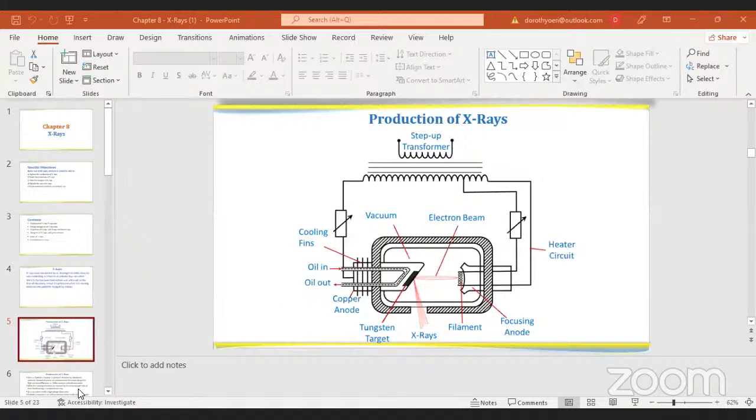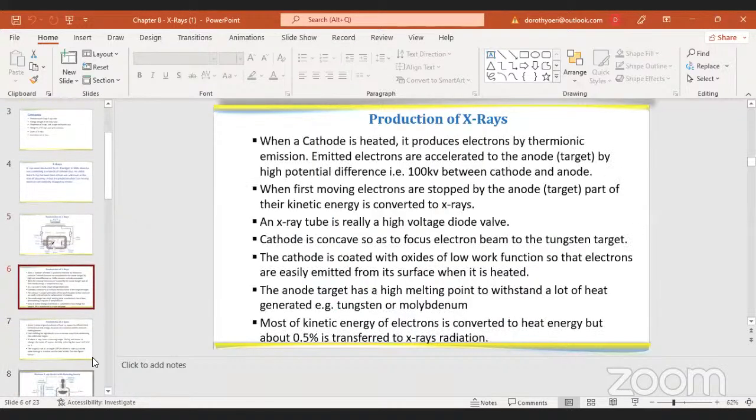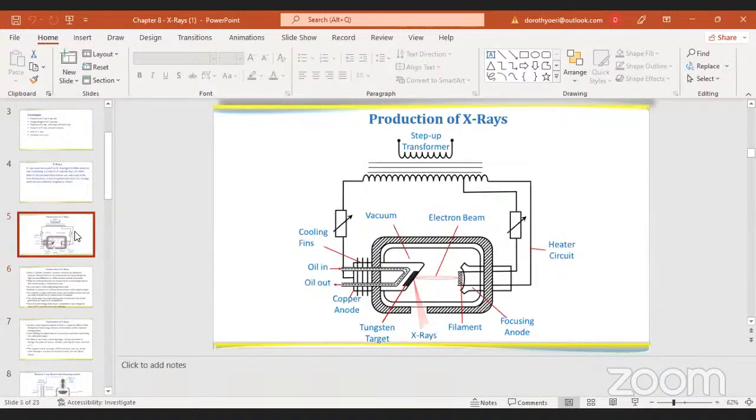Now I'll go straight to, we are going to look at, now let me take you back to the tube, let me explain using the tube. How are X-rays produced? Why I was asking about the cathode ray topic is because we must combine the cathode ray tube and the X-ray tube.